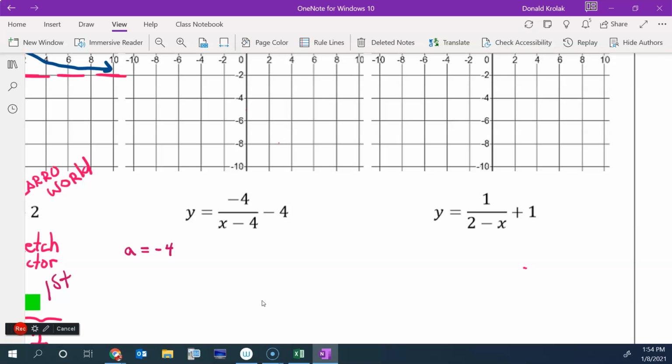It stretches it and it flips it over the x-axis. So this is going to be a vertical stretch by a factor of 4. And it's also going to take the graph and flip it over the x-axis. Question?